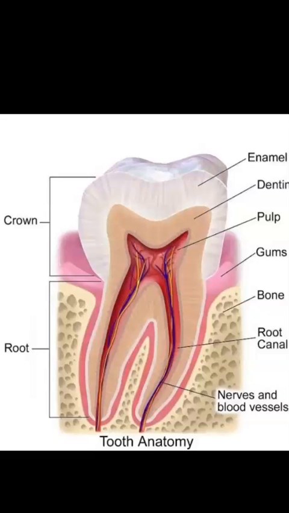This is about the functions of the irrigants. For the classification, chemically inactive irrigants are water, saline, local anesthetic solution. Chemically active irrigants are tissue dissolving agents, oxidizing agents, antibacterial agents, and chelating agents. This is about the introduction, classification, desirable properties, and function of the root canal irrigants.